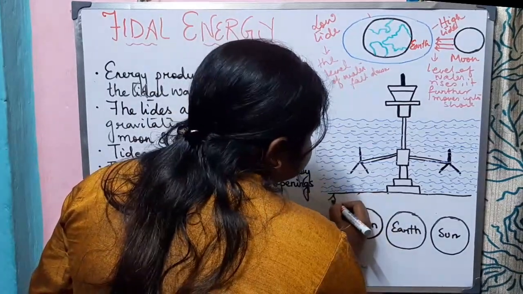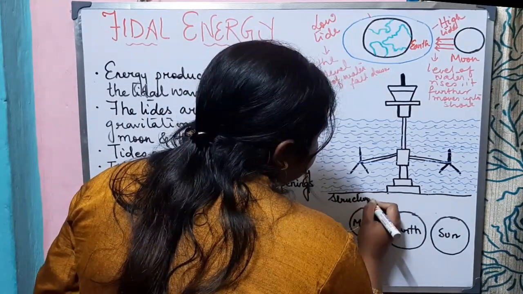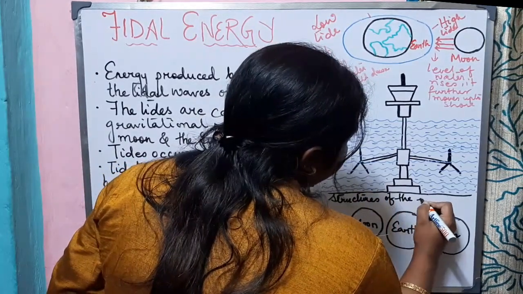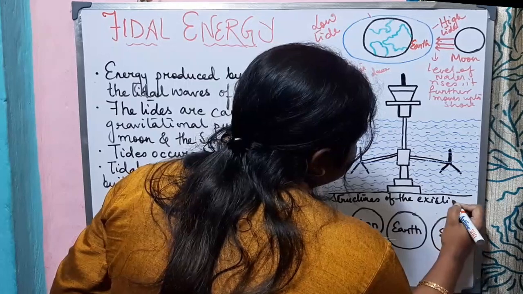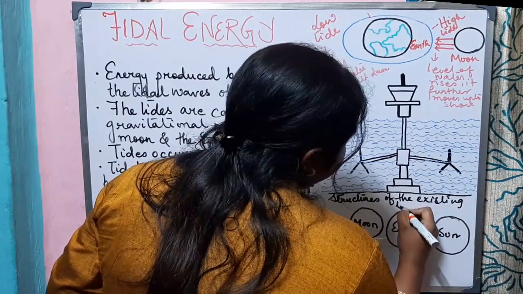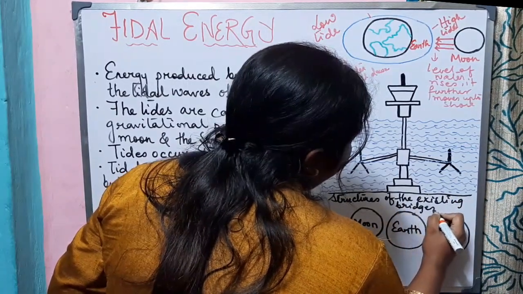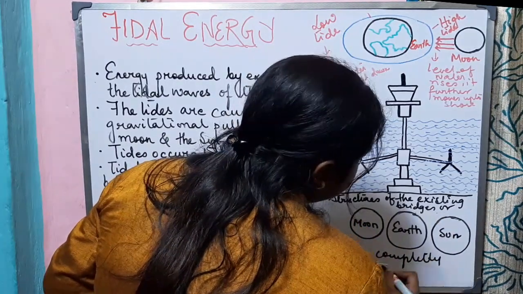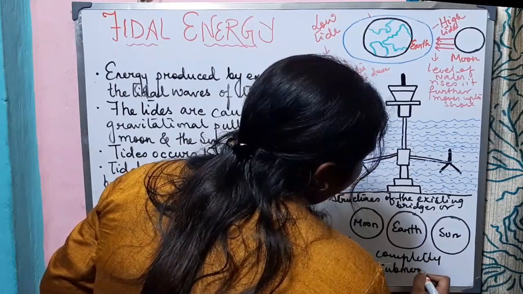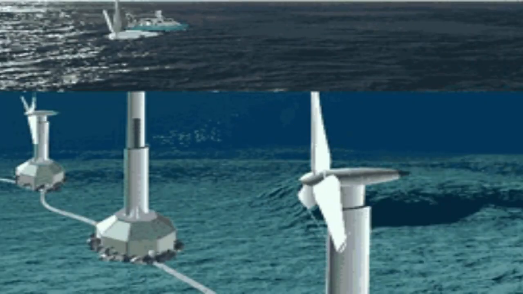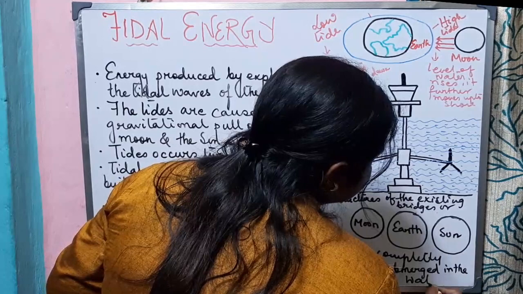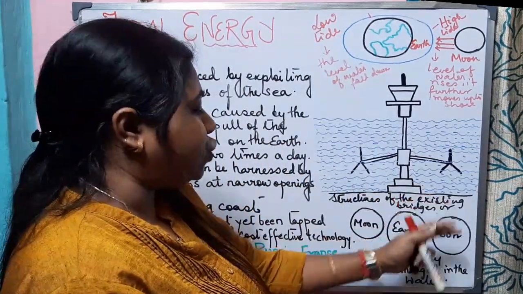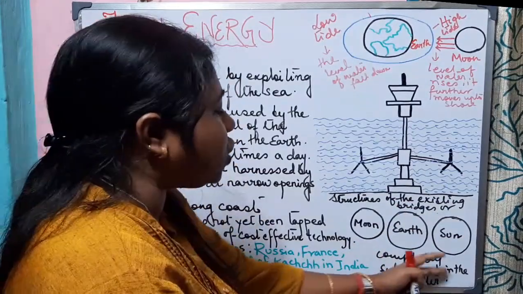The tidal plants are constructed on the structures of existing bridges, or sometimes they are completely submerged in the water.